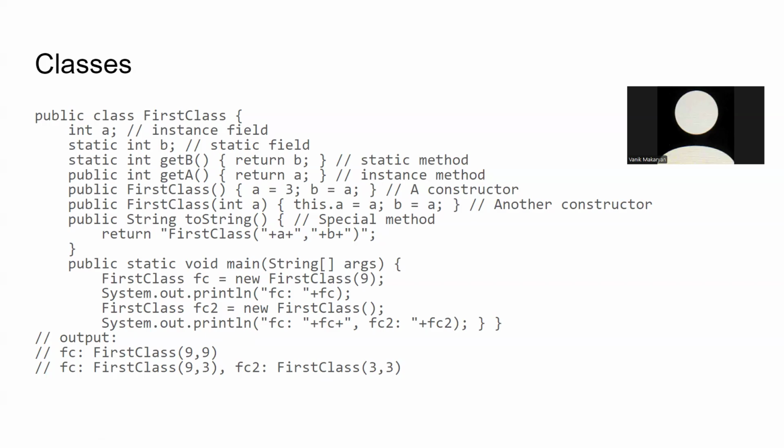Any other questions? Okay, it's important that you understand this. So make sure you get it through your head. The other thing that I want to point out is that we talk about objects being passed by reference. So FC and FC2 are both references.